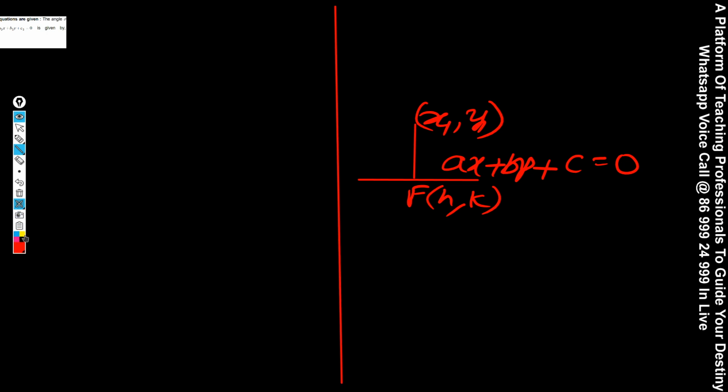Now, tell me, what is the angle between these two? The angle between these two is 90 degrees. Okay, so let me call this given point P. Because they are perpendicular to each other, what is the product of slopes?